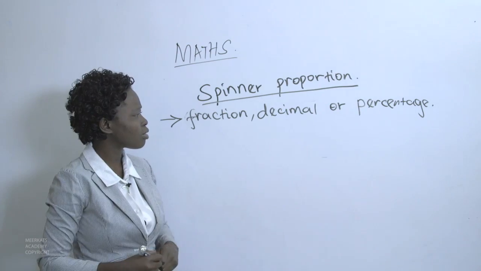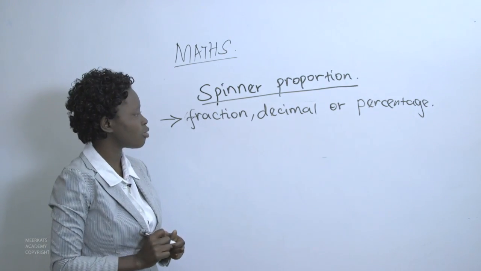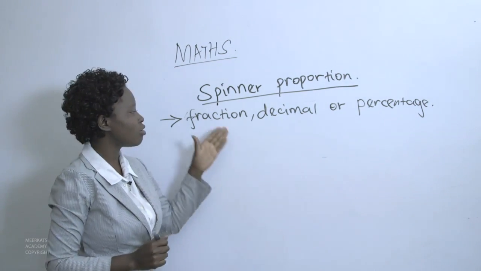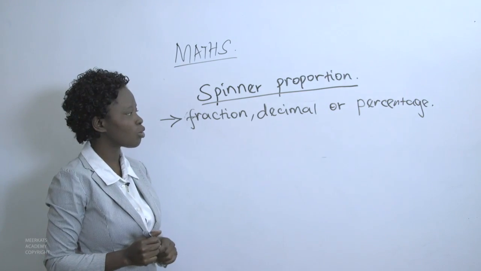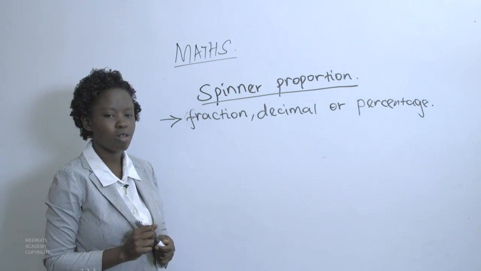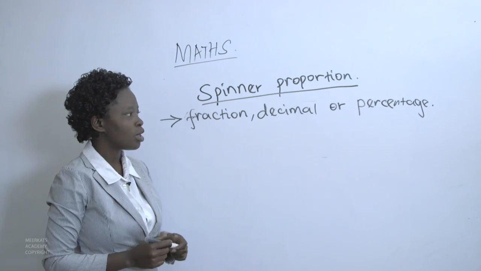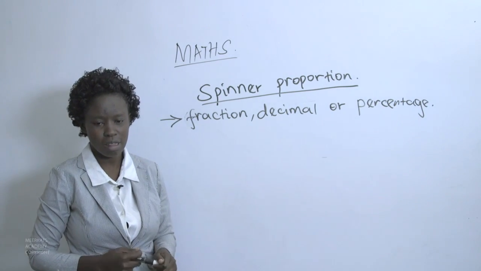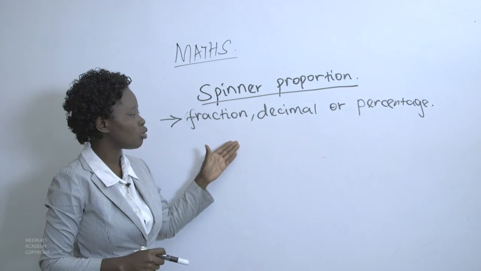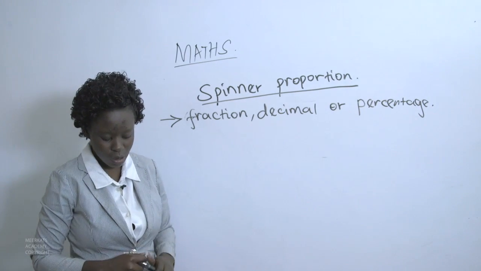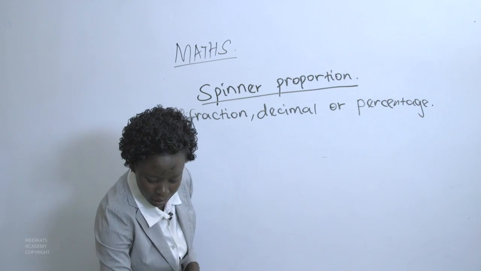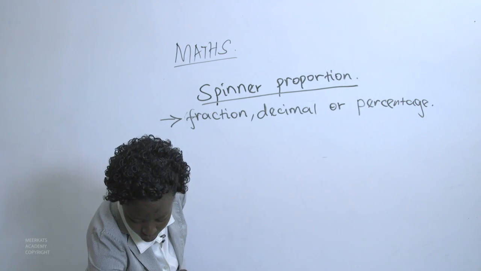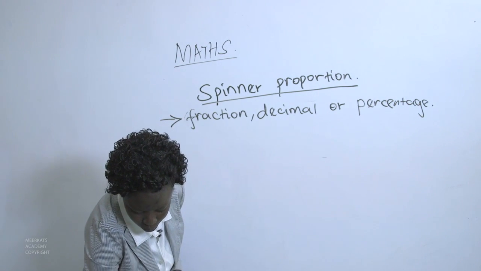So this is just a review of fractions, whereby when you're given a fraction and you're asked maybe to convert the fraction to a decimal or simplify that given fraction, or convert the fraction into a percentage and so on. Just looking at one question, then we move on to the question about probability.